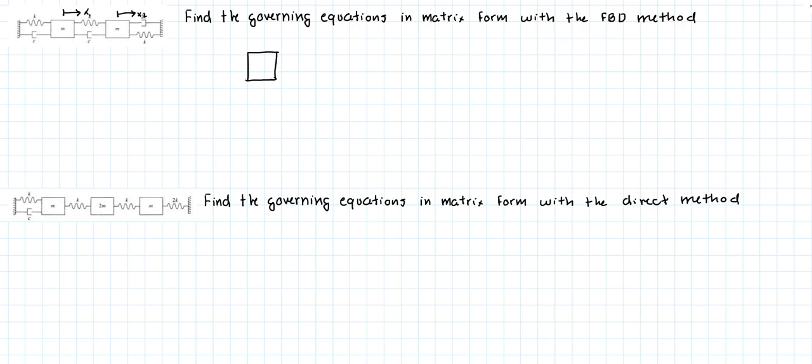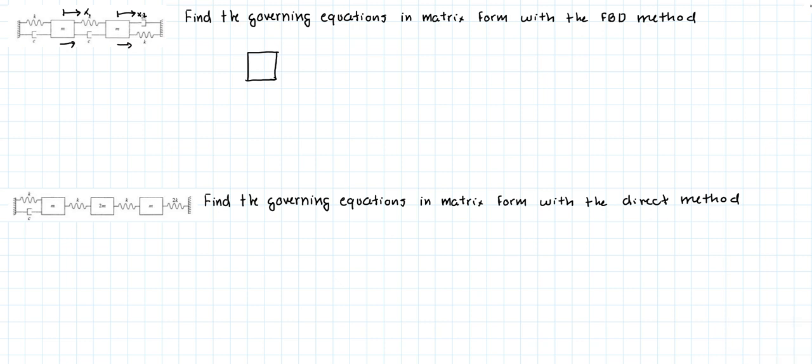Alright, so let's draw a free body diagram for the first mass. The way that I draw the free body diagrams is that I tell myself, since I'm doing the first mass, imagine that the second mass is totally constrained, it can't move, and then take the first mass, the free one, and move it in the positive direction, so in this direction, and then in this direction for the second one.